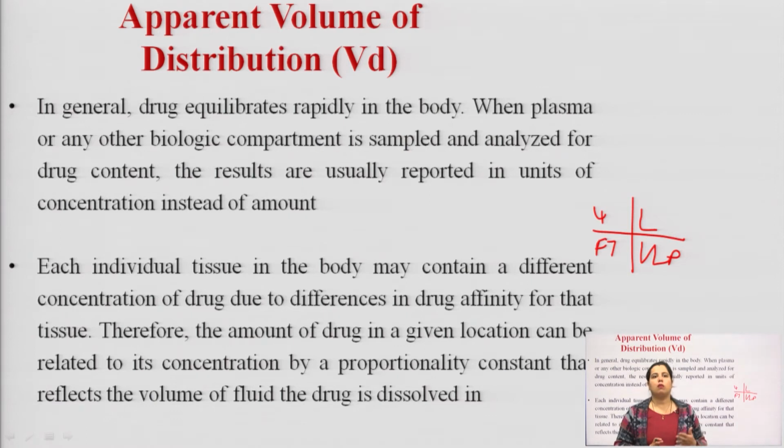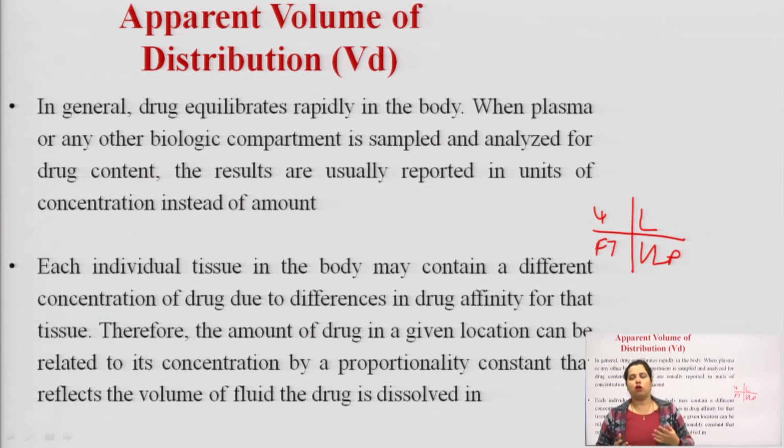Therefore, the amount of drug in a given location can be related to its concentration by a proportionality constant that reflects the volume of fluid the drug is dissolved in. So, the amount of drug in any organ can be related to the concentration present in that particular organ, which reflects its volume of fluid.